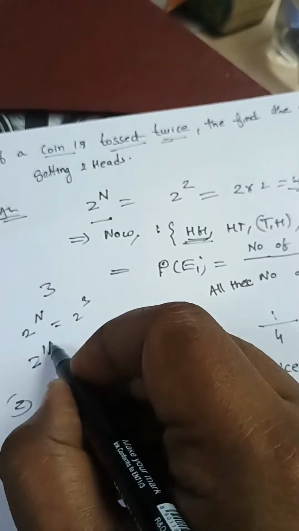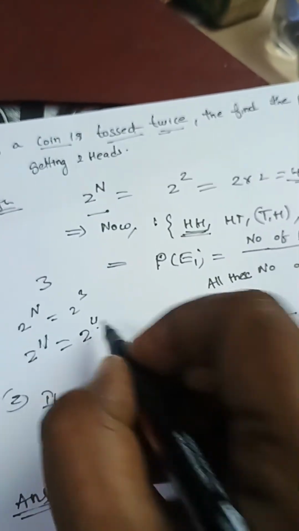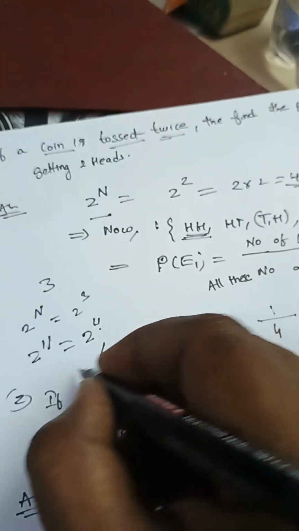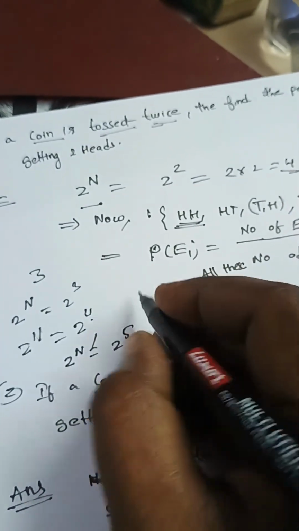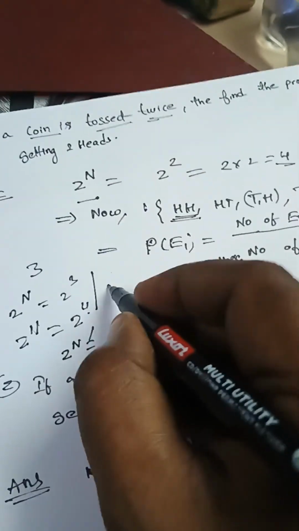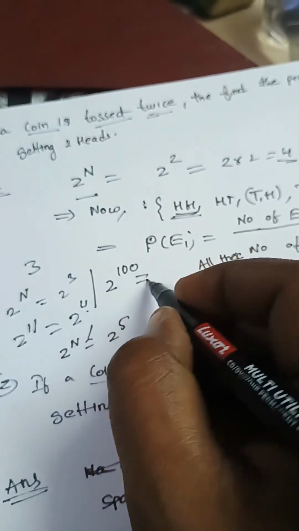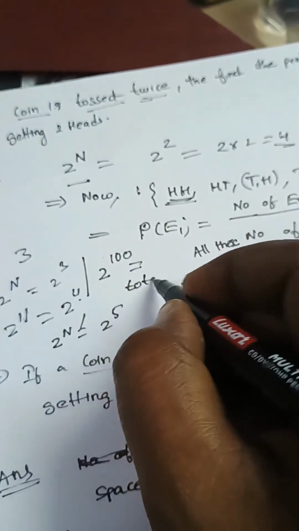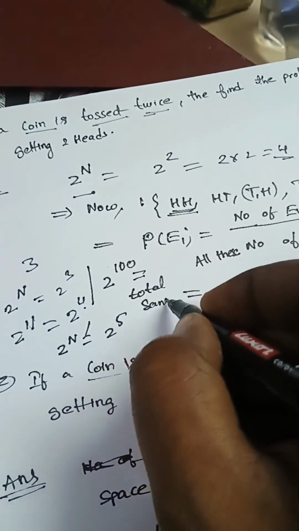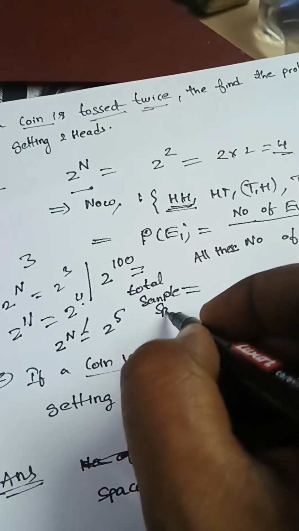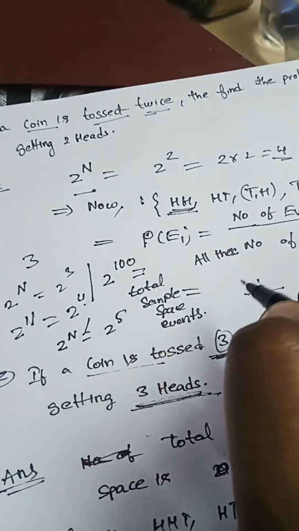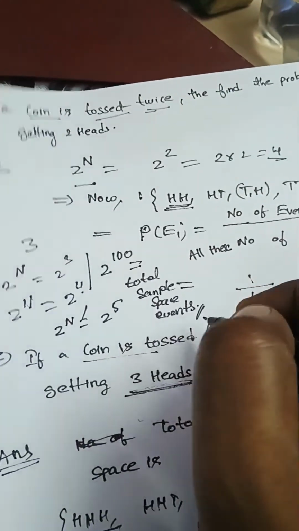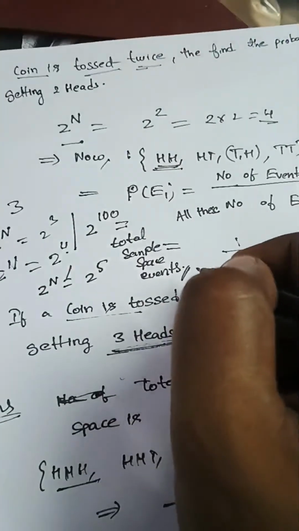If a coin is tossed 4 times, then 2 power n is equal to 2 power 4. If a coin is tossed 5 times, then 2 power 5. If a coin is tossed 100 times, then 2 power 100 is the total sample space events. So this is the most important part to remember in the coins problem.